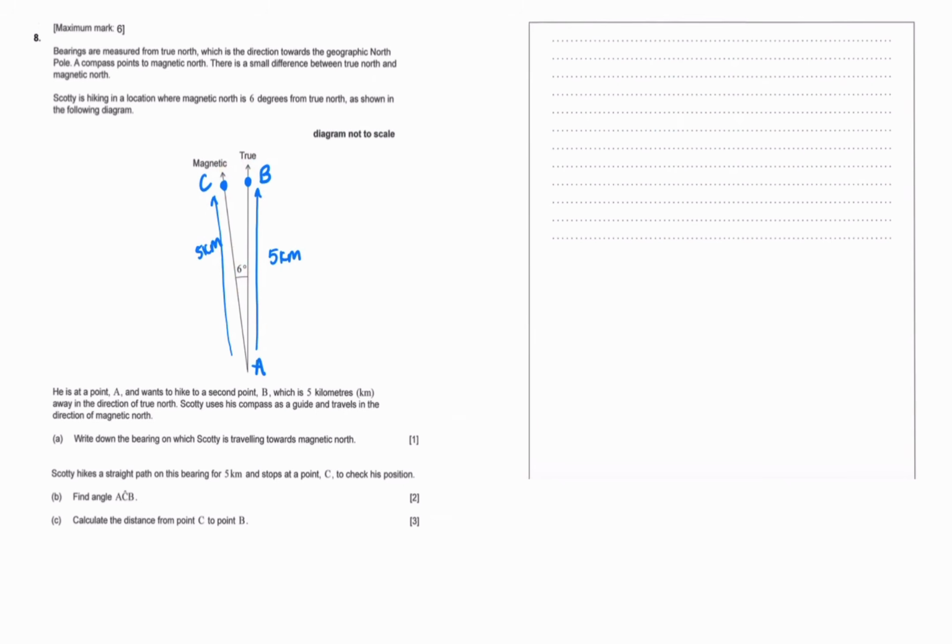Bearings are always from north and in a clockwise direction. So clockwise is this one here, until where I'm trying to go to. Given that we're told that this middle bit is 6, we know that the bearing is going to be 360 minus 6, and that's going to give us 354 degrees. So that's the first part of the question.